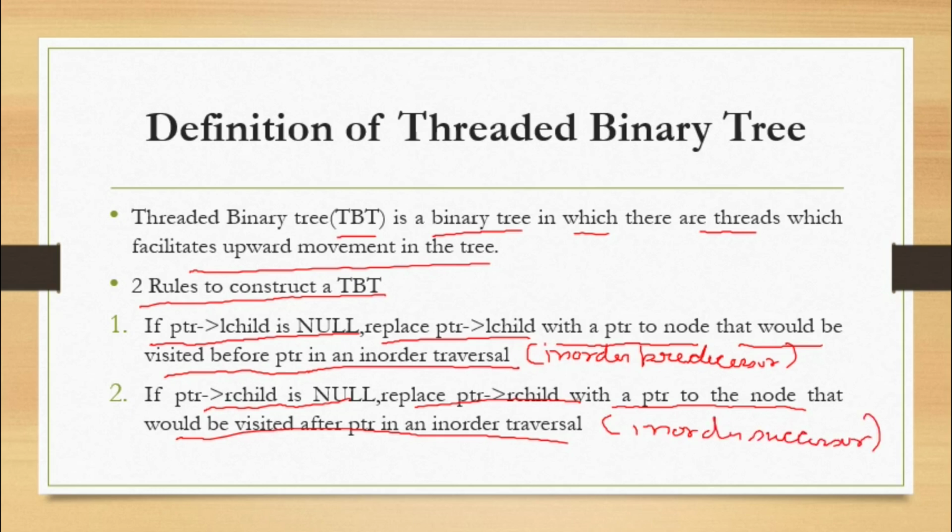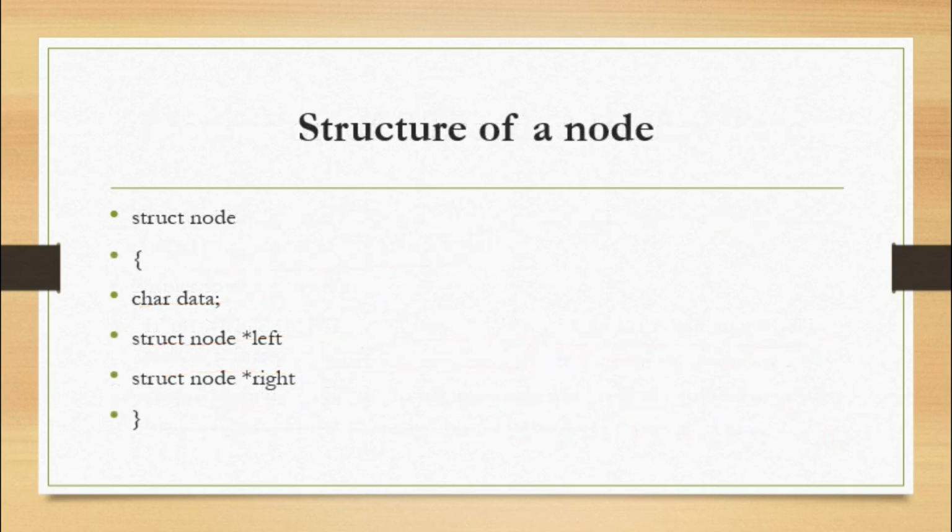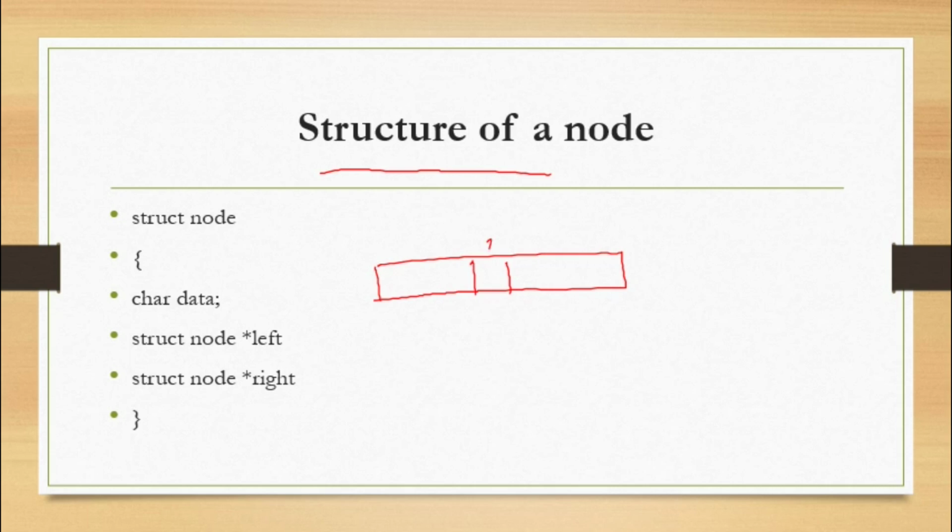Before we understand this, we have to understand the structure of a node. A node will have data. That data can be anything: character data, integer data, or anything else.